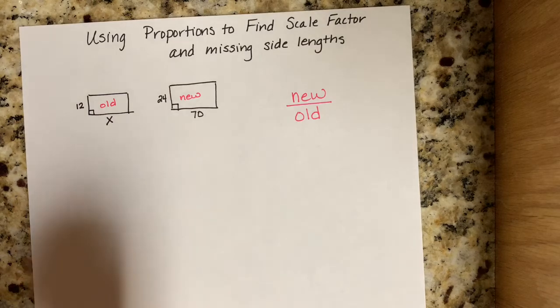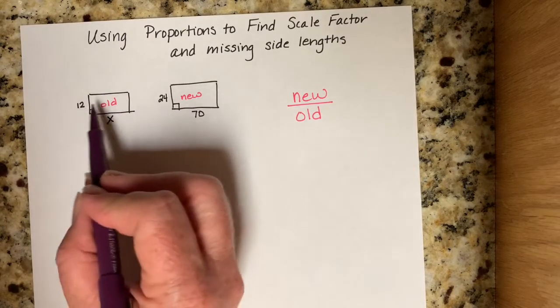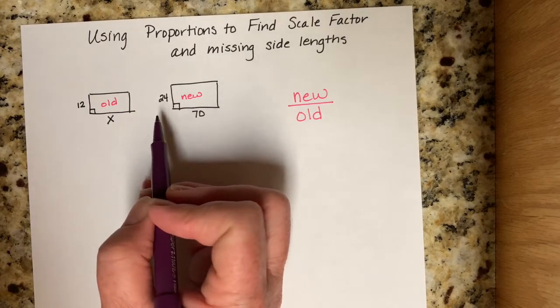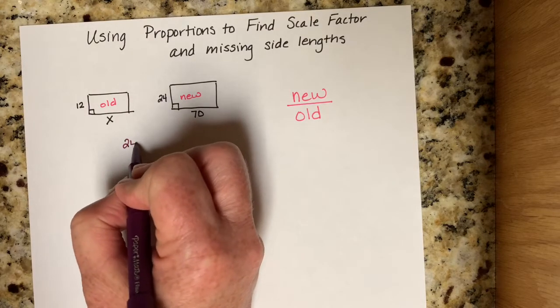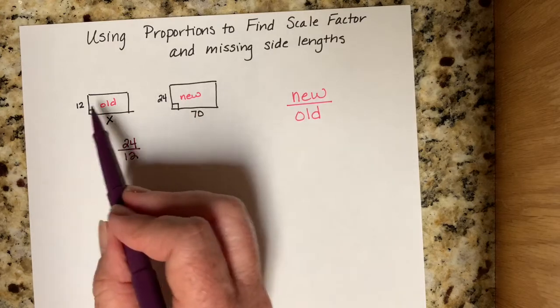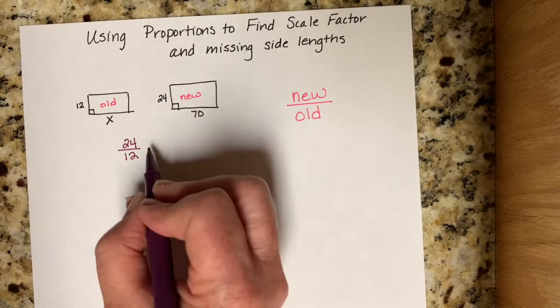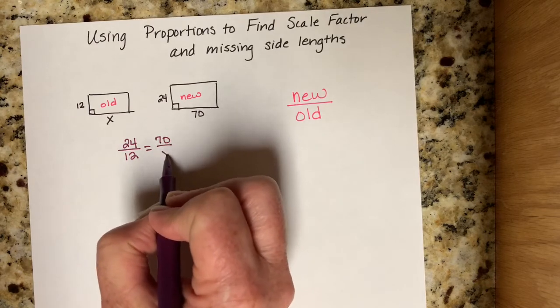So as I'm writing a proportion, I'm going to take the two corresponding sides. The corresponding sides are the sides that are in the same location of the two rectangles. So I have 24 over 12. That is the ratio of the heights, and I'm going to set that equal to 70 over x.